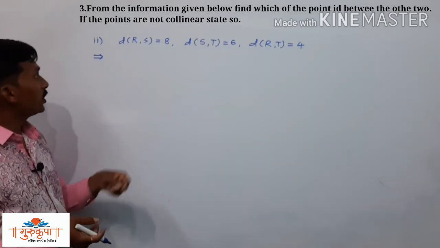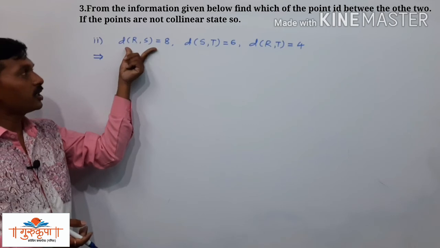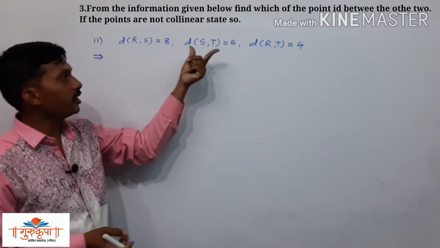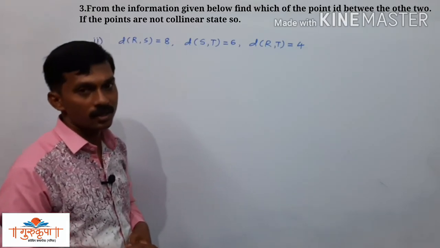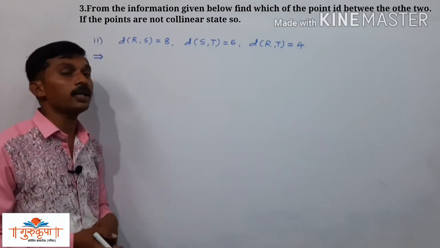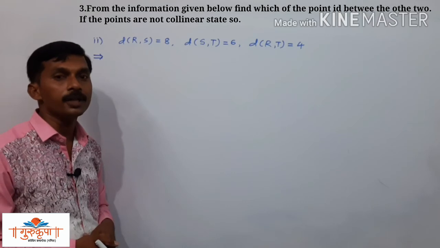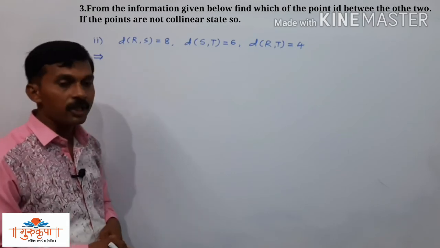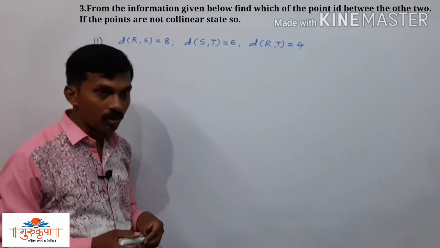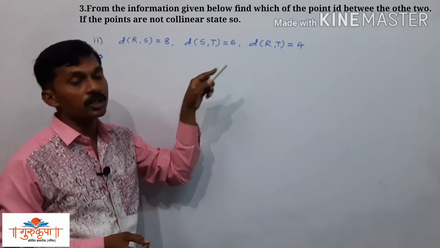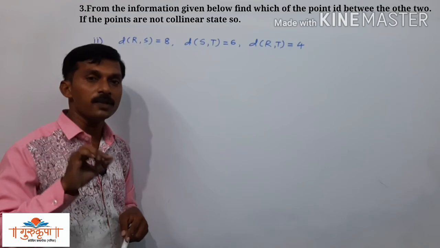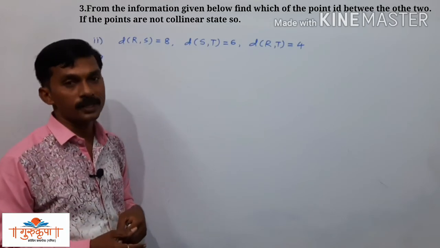from the third question. We are given the 3 distances: distance RS is 8, distance ST is 6 and distance RT is 4 units. Means we are given the 3 points R, S and T, and we have to first decide whether the points are collinear or non-collinear. And if the points are collinear, then we have to write which point lies between the other 2 points.